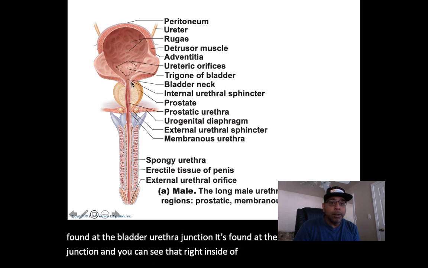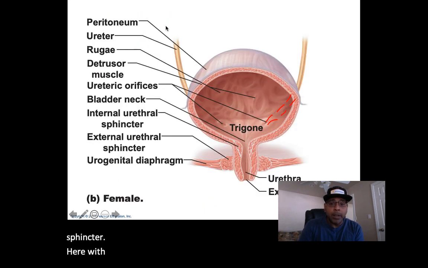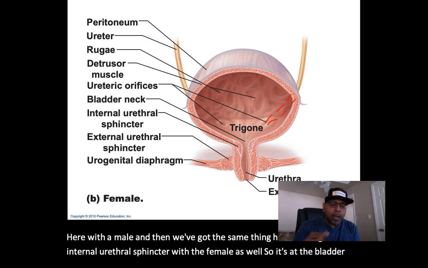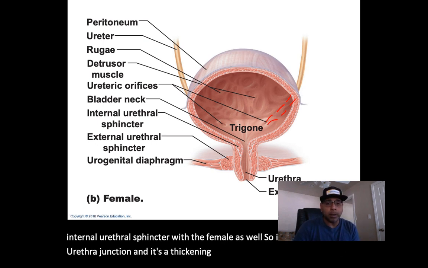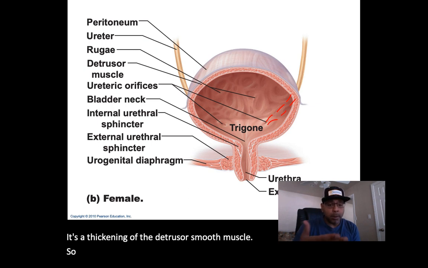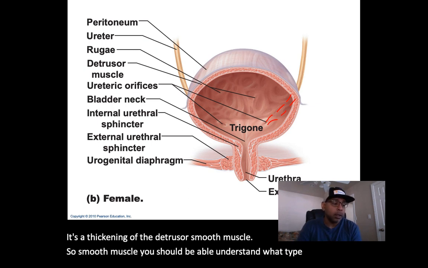It's the internal urethral sphincter here with the male, and we've got the same thing here with the female as well. It's a thickening of the detrusor smooth muscle. So smooth muscle, you should be able to understand what type of control it's under.